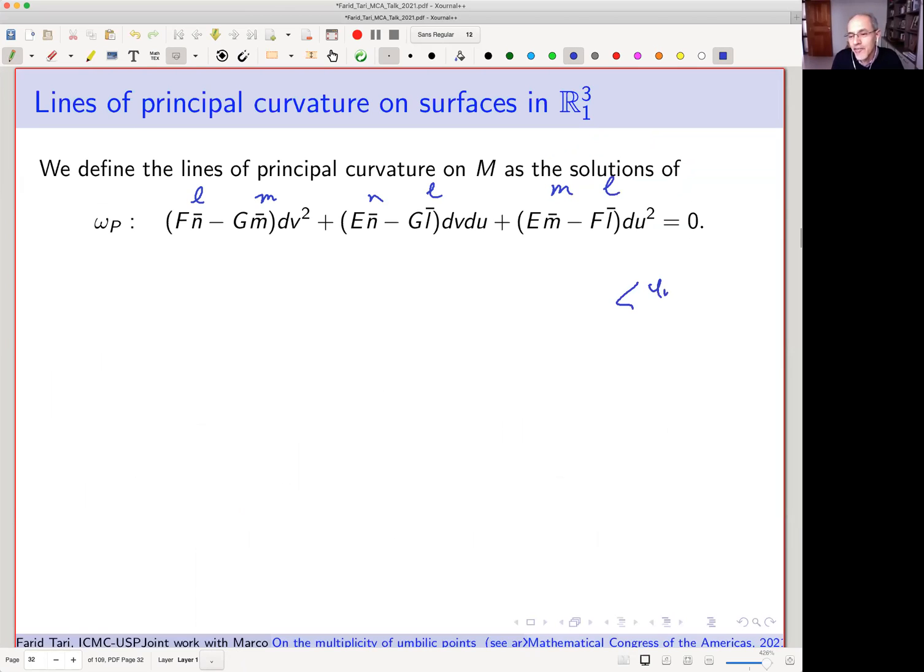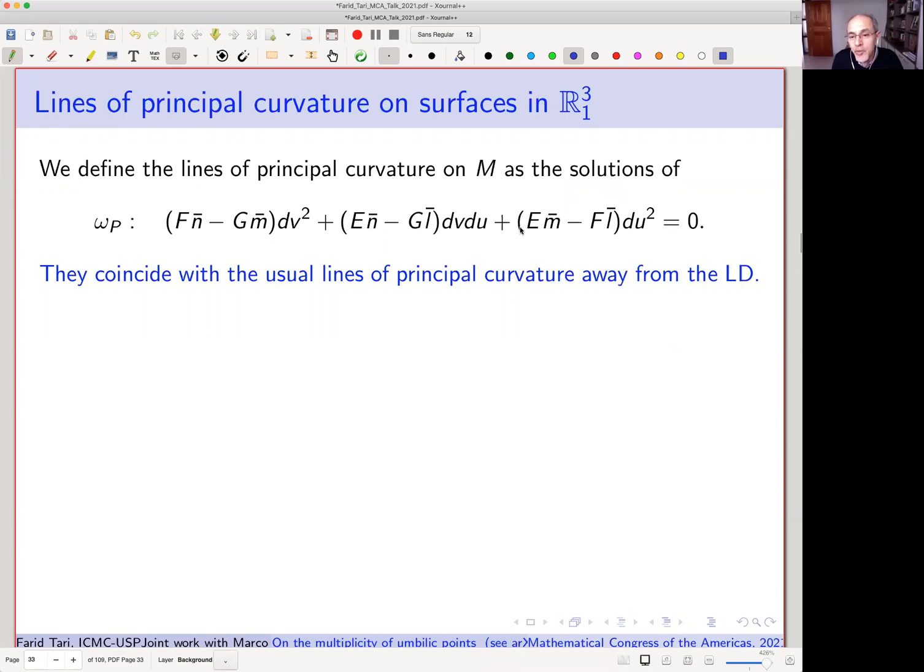L is phi_u, phi_v over the norm, phi_v, phi_uu. So I multiply this equation that has L and M by the norm of phi_u, phi_v, and then you get rid of the denominator. What you get here is N bar, M bar, L bar.